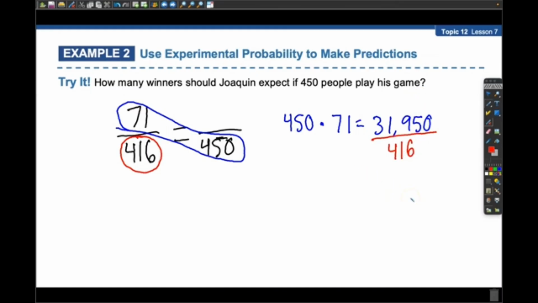And we end up getting approximately 76.8. So, technically, when it's people, we would round up to 77, but since it's human beings, I don't think we would round up. I think we would just say Joaquin should expect 76 people to win out of 450 people.